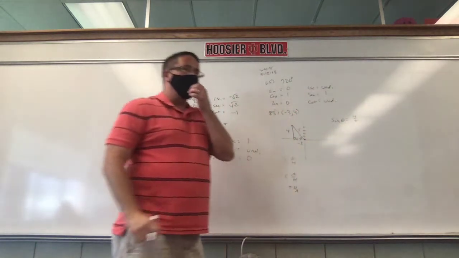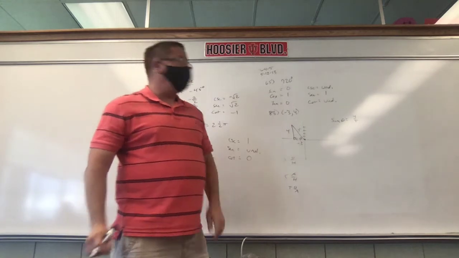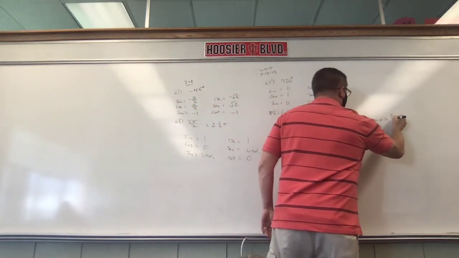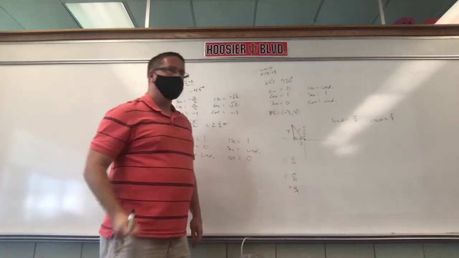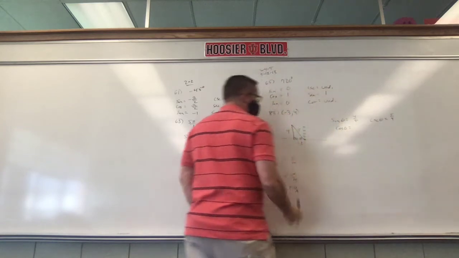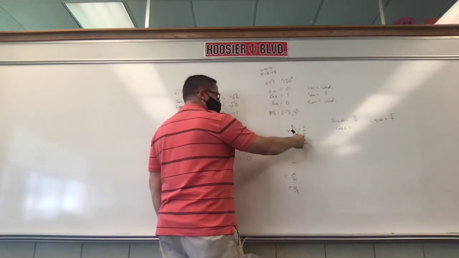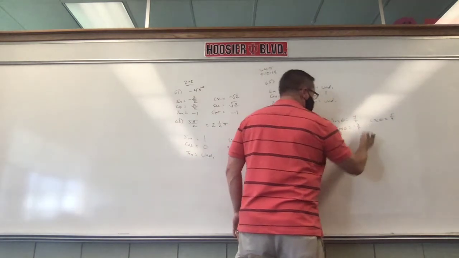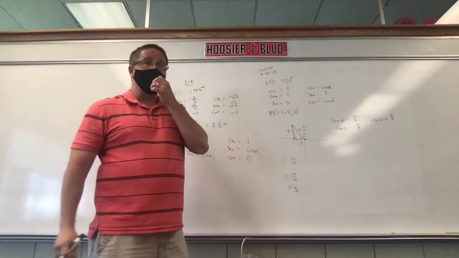Now, I'm not going to write the other 5 yet. You should be able to tell me immediately what cosecant is. 5 over 4. Just flip sine. Cosine is adjacent over hypotenuse. Adjacent is -3 over 5. Again, you should be able to tell me secant right now.